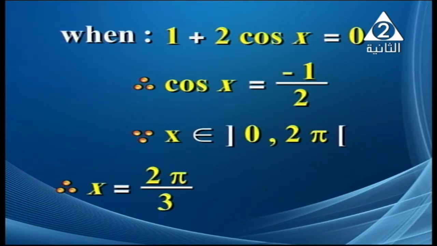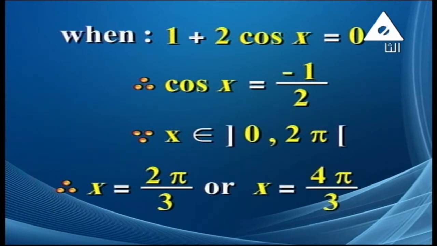When cosine x equals negative 1 over 2, then x equals 2π over 3 or 120. And the equivalent of 120 or 2π over 3 equals 4π over 3.